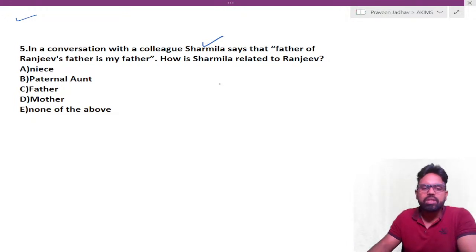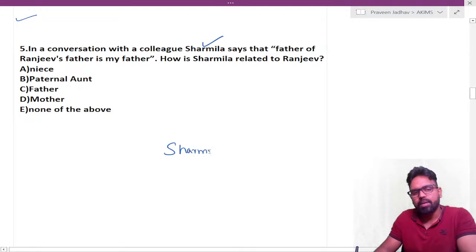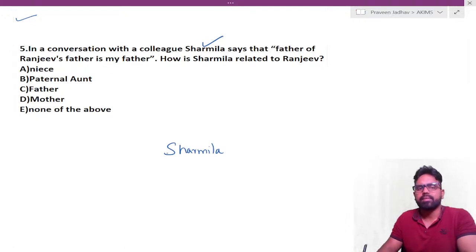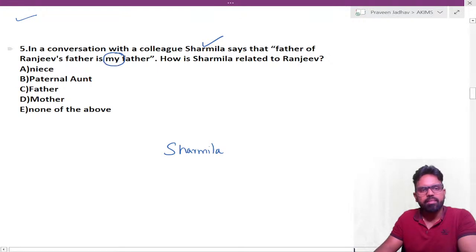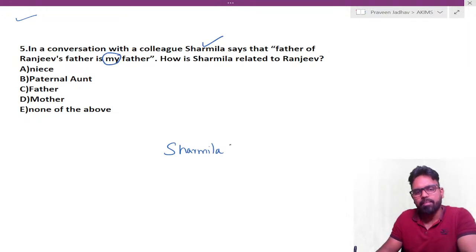Sharmila says father of Rajiv's father is my father. What does this my represent here? This my is talking about Sharmila. My father means Sharmila's father.